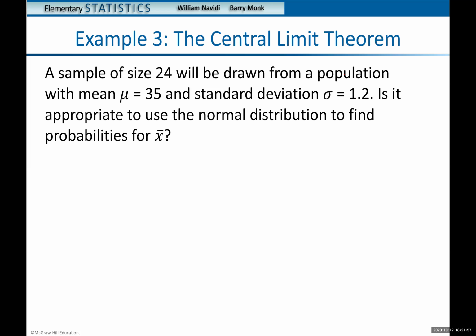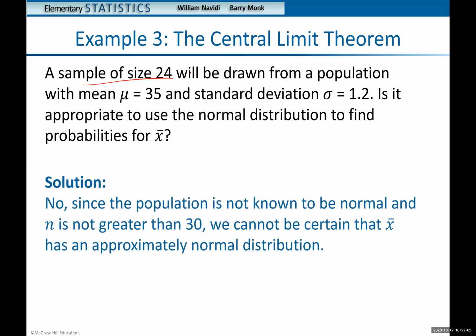All right, that's correct. So the sample size is less than 30, and it's not stated on the problem that it is drawn from a normal population. So we cannot be certain that the mean has an approximately normal distribution. Okay.